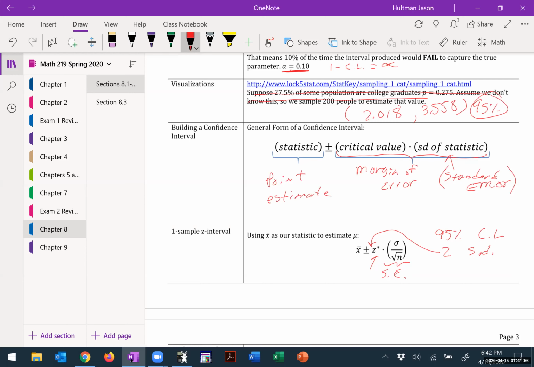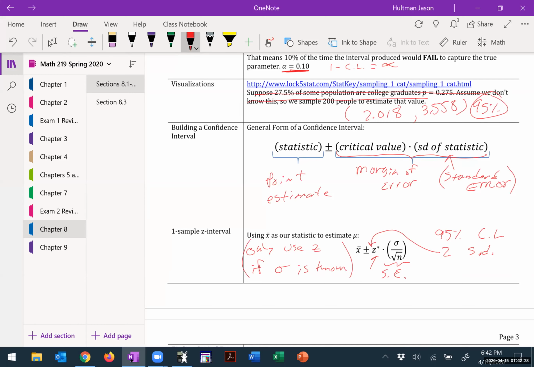So X bar is our statistic, and we go up and down a certain amount to locate the possible values for mu. Now, we can only use Z if sigma is known.